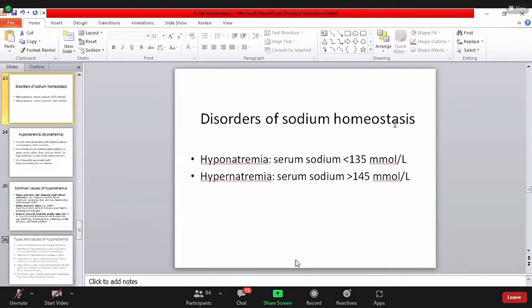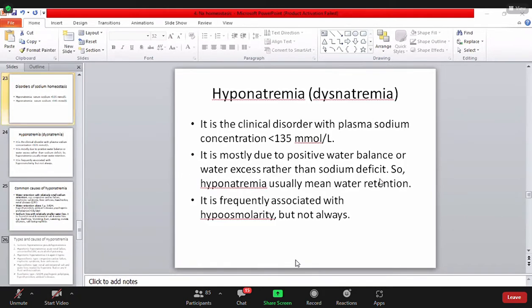So hyponatremia means when serum sodium concentration is less than 135 millimole per liter or milliequivalent per liter, and hypernatremia means serum sodium concentration more than 145 millimole per liter. So there are 2 types of disorders of sodium homeostasis.